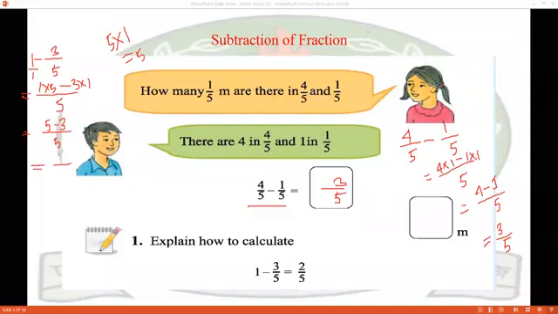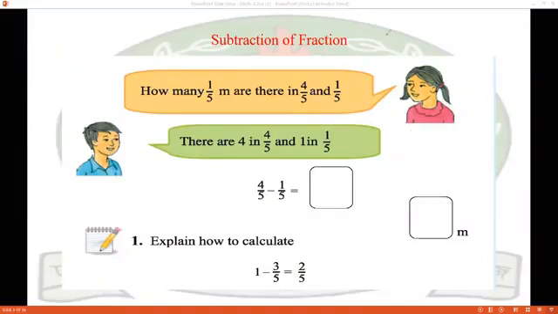Here we write 2 divided by 5. So the result will be 2 by 5. In this way, we can solve any subtraction of fractions.